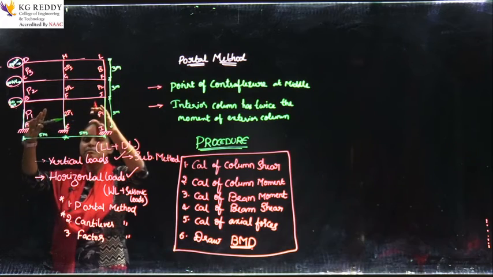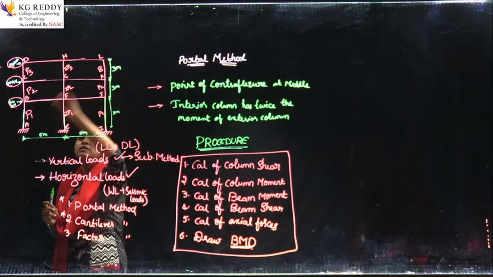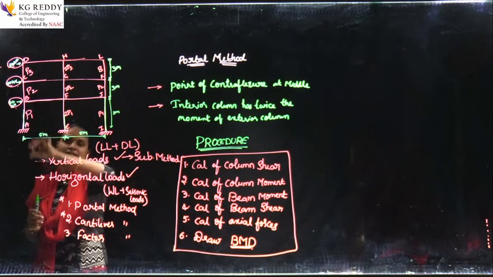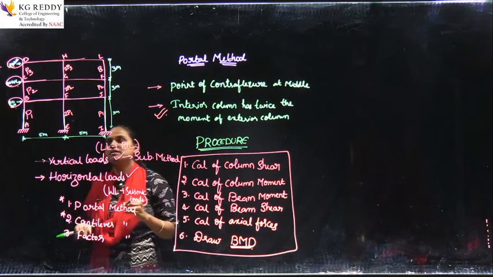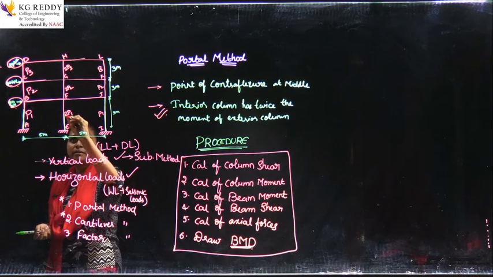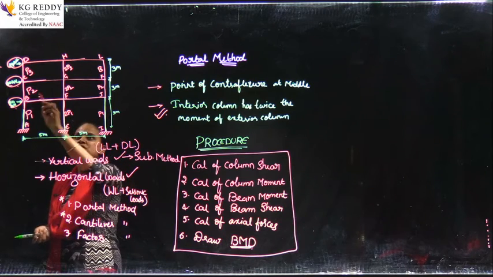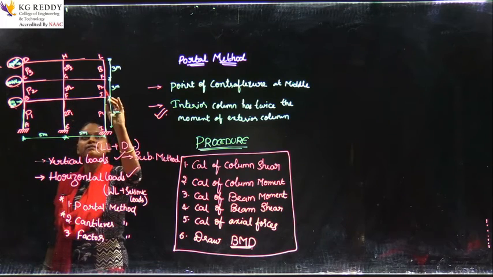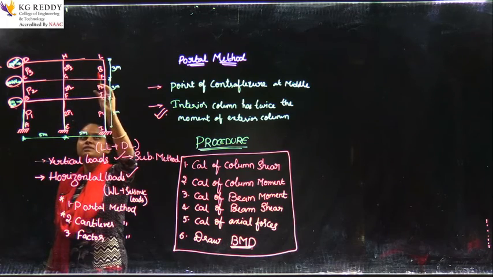This is the first part, the bottom story, and this is the second part, and this is the third part. The interior column has twice the moment of the exterior column, so this will be 2P1, and this is also an exterior column, so this will be P1 as usual. Next, for the middle story, it is P2, 2P2 and P2. And for the third story, it is P3, 2P3 and P3.